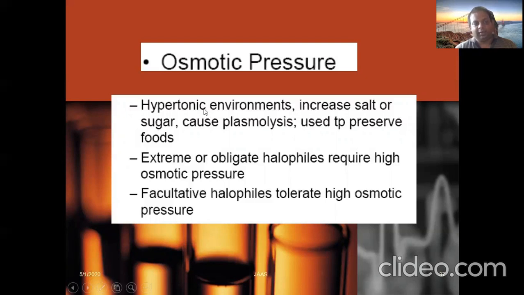We can even create this hypertonic environment with salt or sugar. This leads to plasmolysis. At the same time, extreme obligate halophiles, halophiles meaning they like salt, require high osmotic pressure. There are facultative halophiles that tolerate high osmotic pressure.